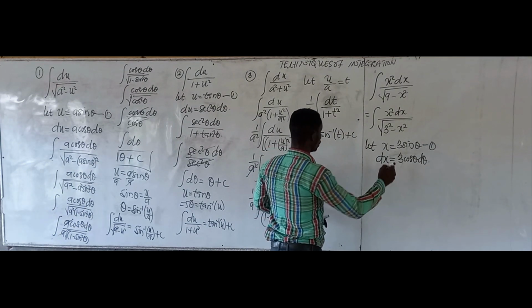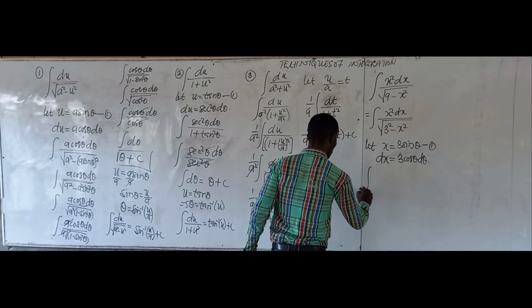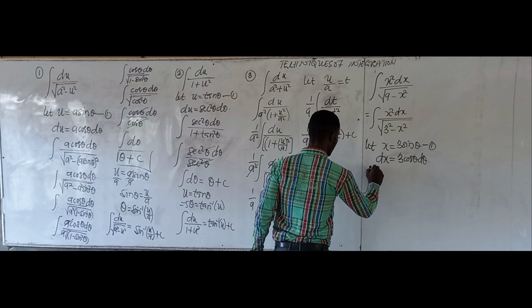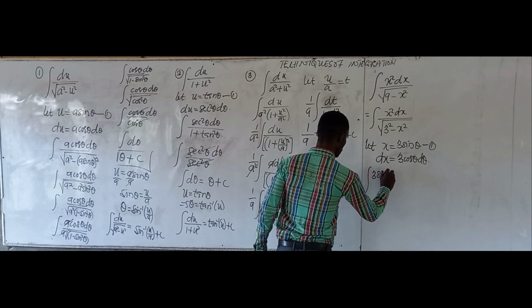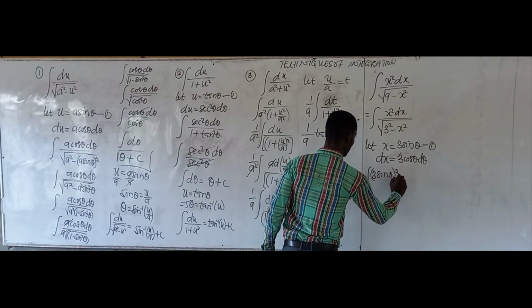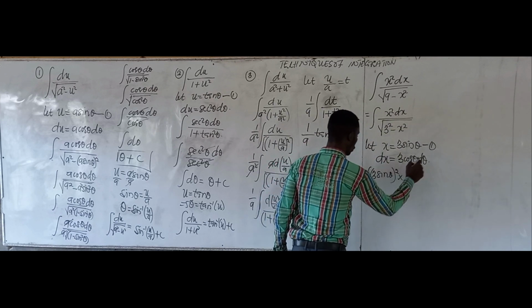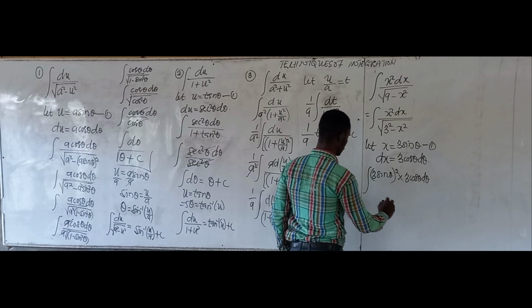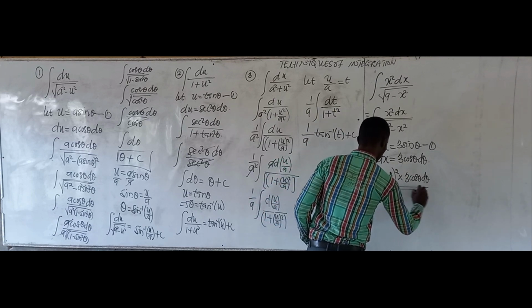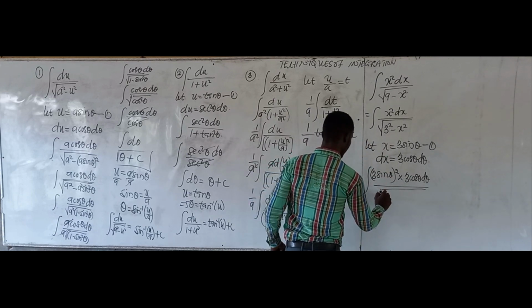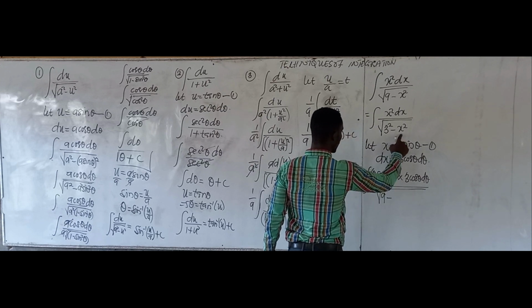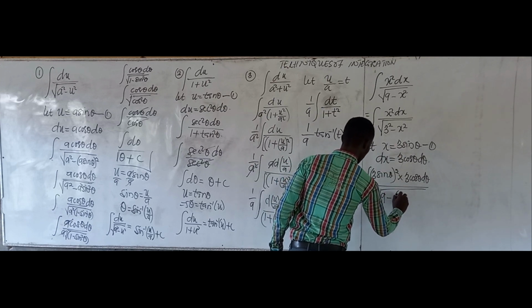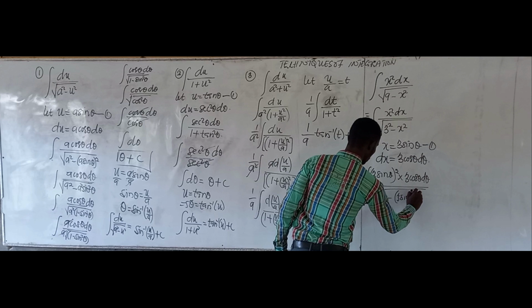Now we do the substitution. This gives the integral of 3 sine theta squared times dx, which is 3 cos theta d theta, all divided by the square root of 9 minus x squared, which is 3 sine theta squared.